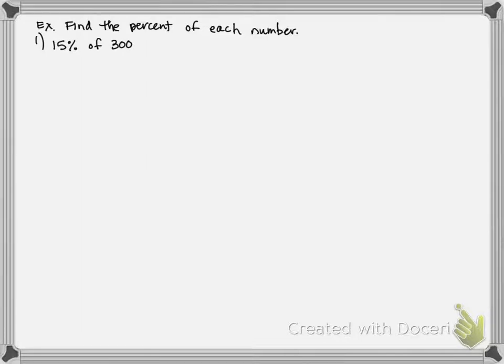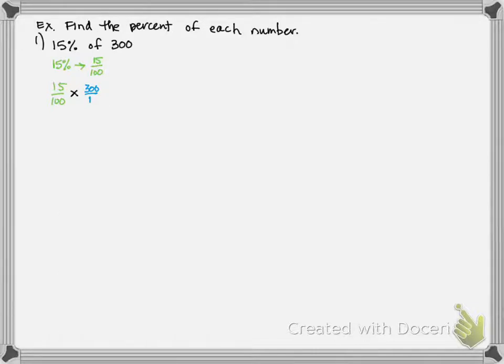What else do we know that ends in 2 zeros? The answer is 100 does. So I probably would opt to change 15% to 15 over 100. So now my problem becomes 15 over 100, and then of means to multiply, and then we're going to have 300 over 1.